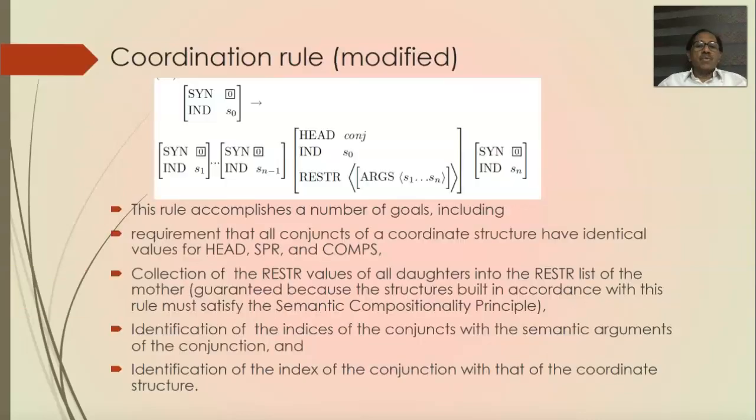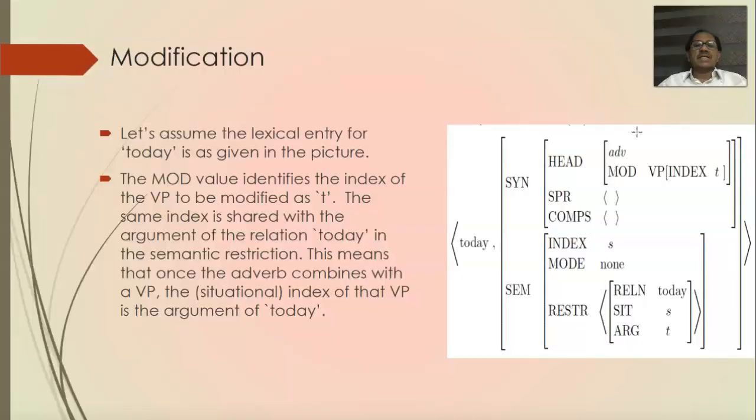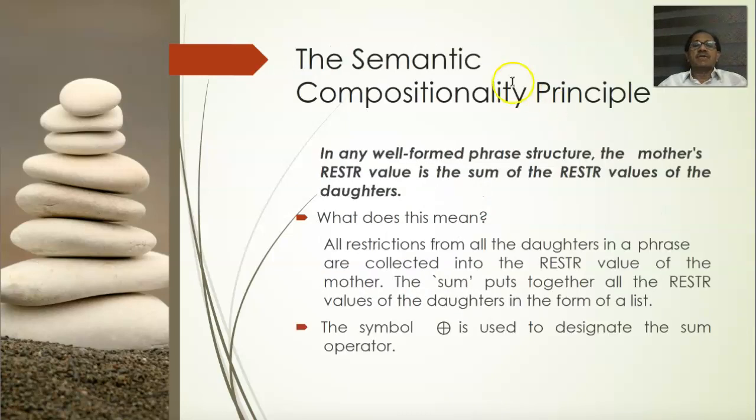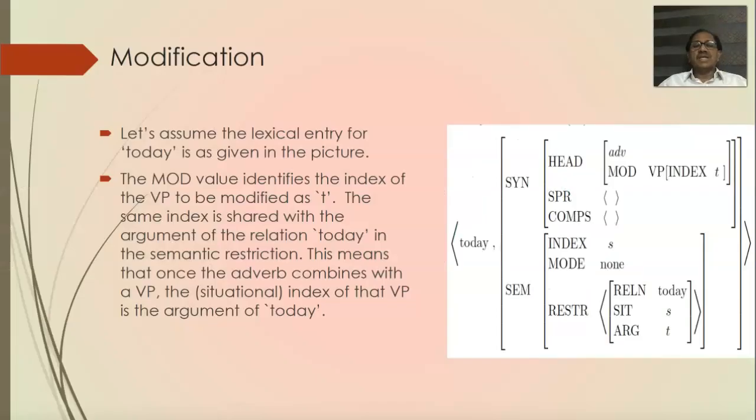So what have we learnt in this video? We have seen that the semantic features of phrases are governed by two principles: the semantic compositionality principle and the semantic inheritance principle. These two principles decide the semantics, or the meaning, of the phrasal node or the sentence. Then we have also seen modification.